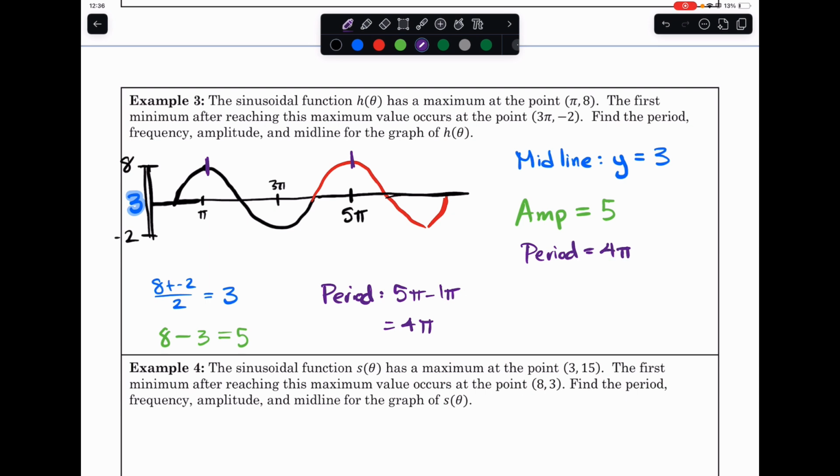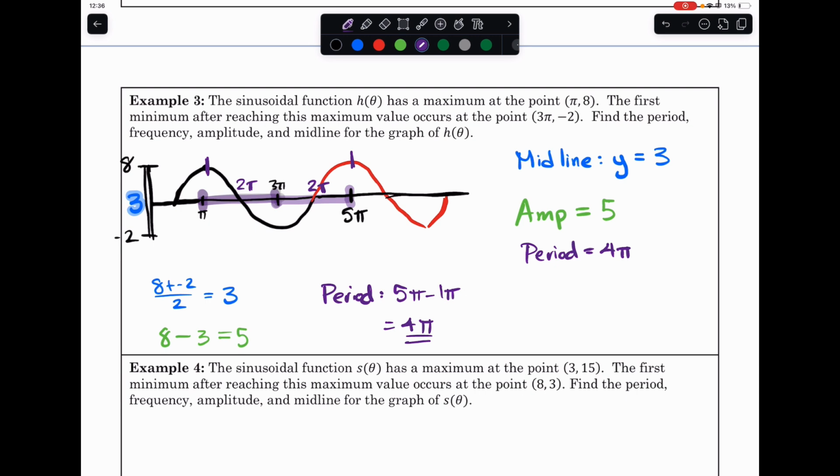So our period equals 4 pi. And if I think about how it compares to this distance here, from here to here, which was just simply 2 pi, 2 pi plus another 2 pi equaled 4 pi.